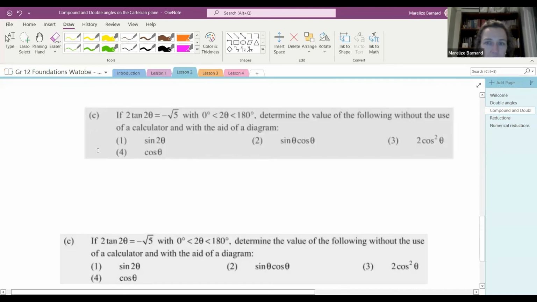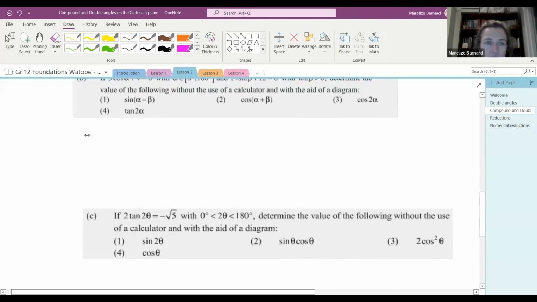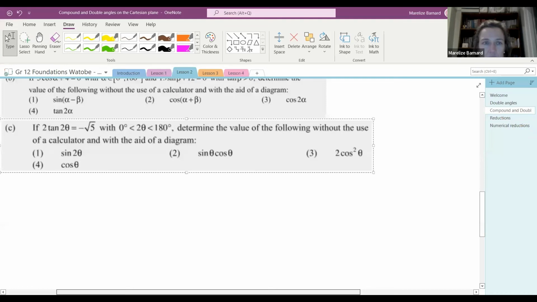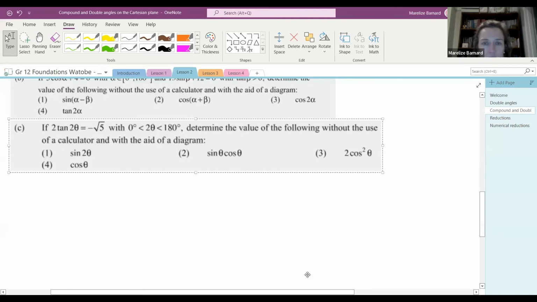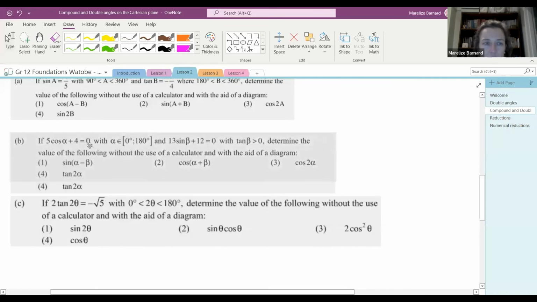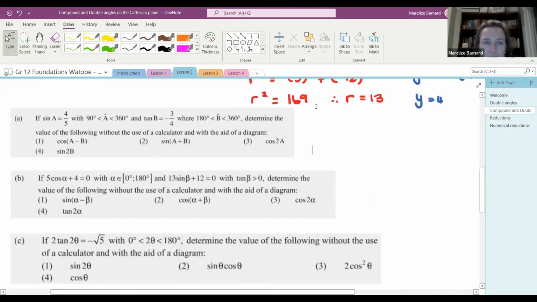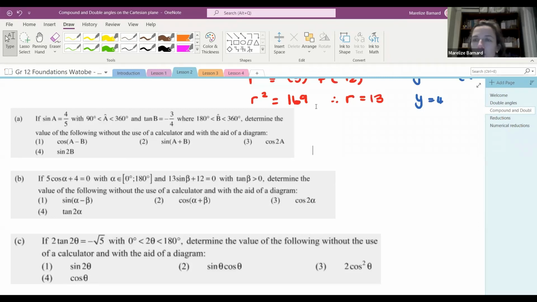I'm just going to move them up into one spot and then you can take a screenshot. They're normally not that long in the exam, but you do get these where you have to draw two diagrams. Okay, excellent work, everybody.